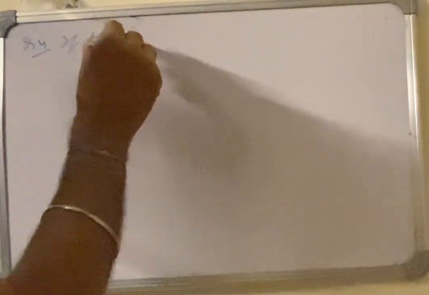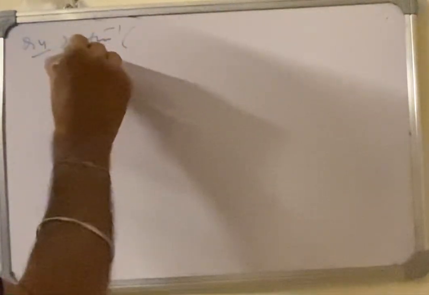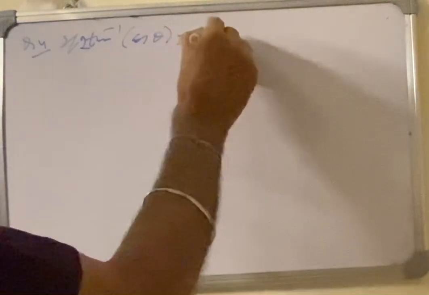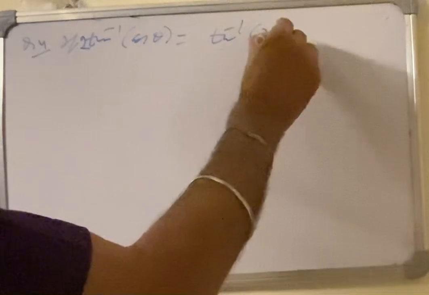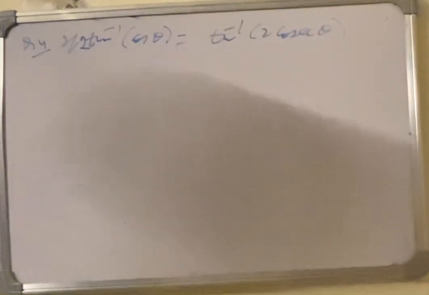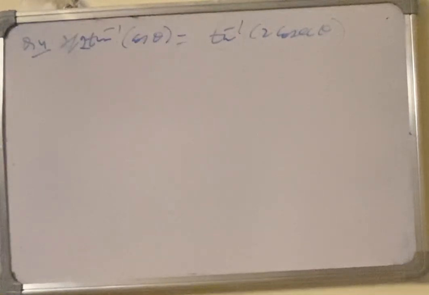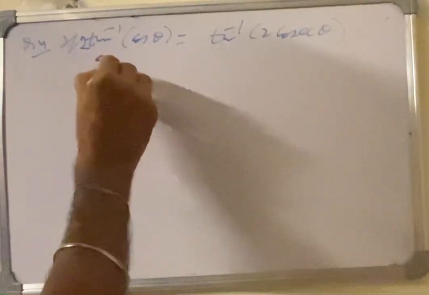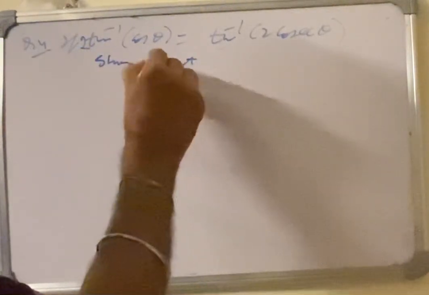If 2 tan inverse cos theta is equal to tan inverse 2 cosecant theta, then show that theta is equal to pi by 4.